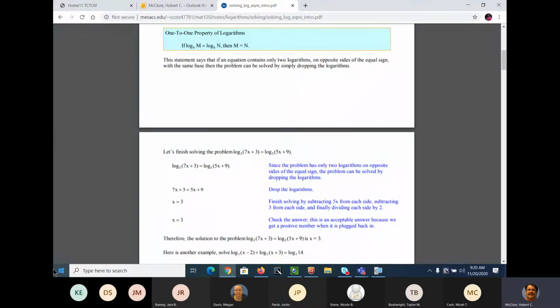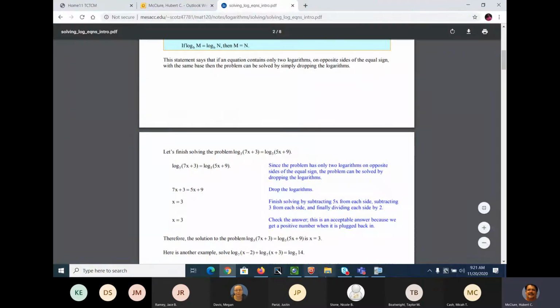So we've got log base 7 of x minus 2 plus log base 7 of x plus 3 is equal to log base 7 of 14.